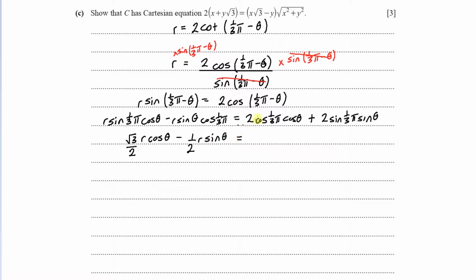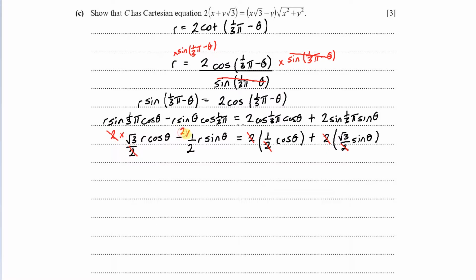On the right side, that's 2 cos a third pi cos theta. That can be written as 2 of cos of a third pi is half. So we have a half cos theta here. And that's plus 2 sine of a third pi, which is 2 of root 3 over 2 sine theta. So here we can cancel out this and also multiply both sides by 2. So by 2, so they will cancel.